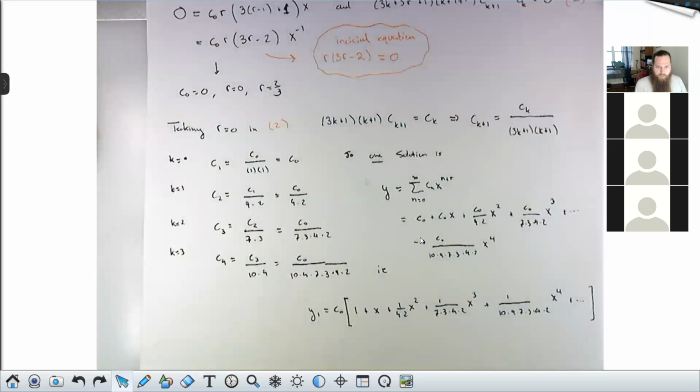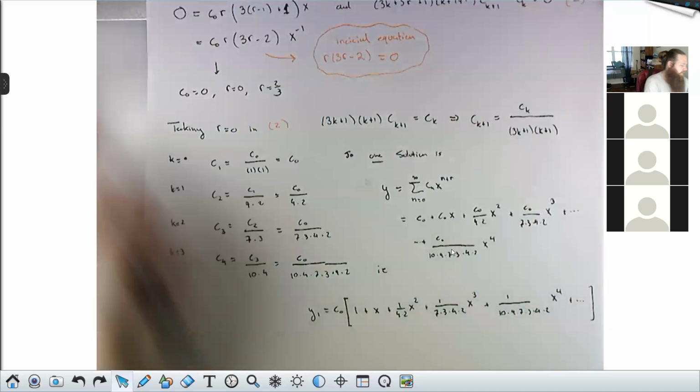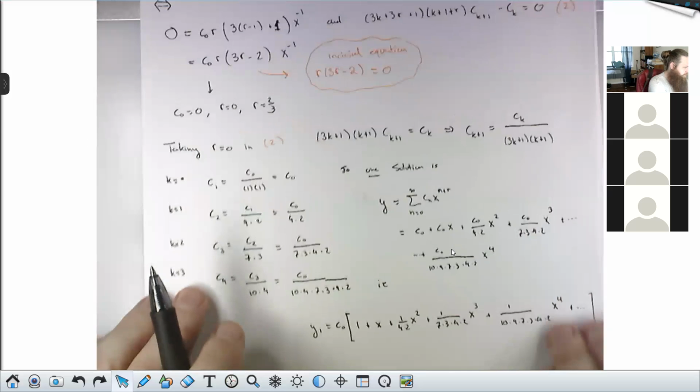If you see a slick pattern in here, let me know, but nothing is jumping out at me right away. We could try to arrange these in order, but there's repeats. It's really not obvious what this product downstairs is besides stuff of the form 3k plus 1 times k plus 1. So then we take r equal to 2/3 and run through it again.